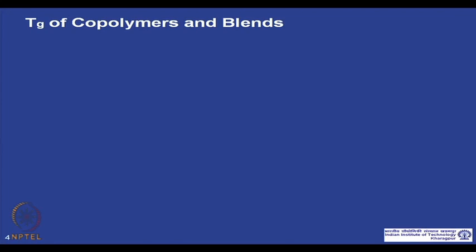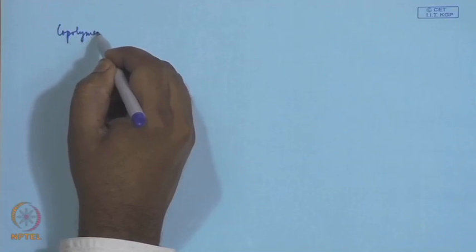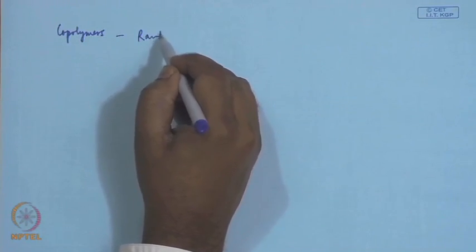What about the Tg of copolymers? In the last class we talked mainly about the Tg of homopolymers. Now, what about the Tg of copolymers and polymer blends? If you talk about copolymers first, you can have random copolymers.